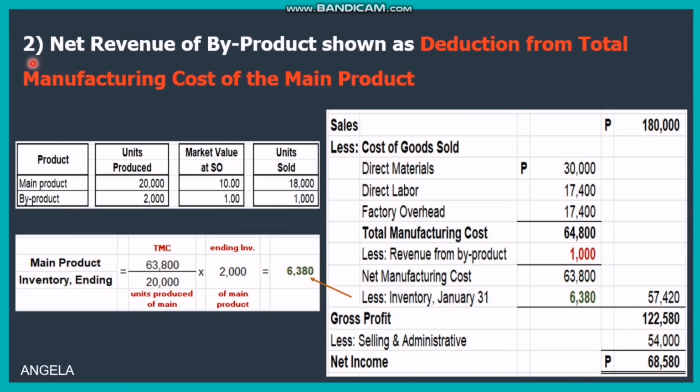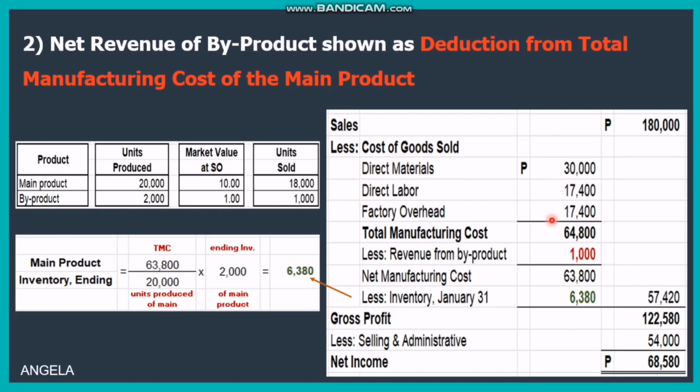Dito naman tayo sa number 2, wherein yung net revenue of byproduct will be shown as deduction from total manufacturing cost or total production cost of the main product. Sales natin is 180,000 for the main product yan. Less natin sa cost of goods sold na consist of direct materials, direct labor, and factory overhead.